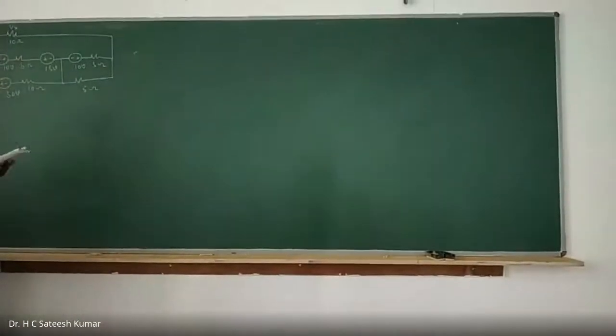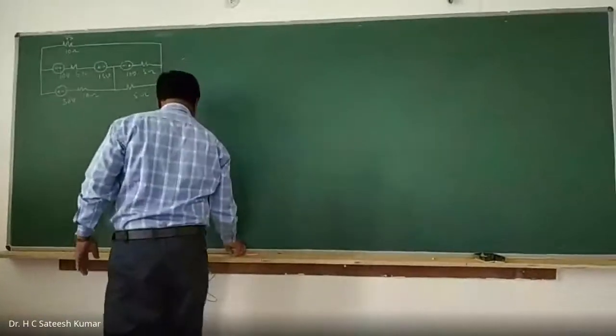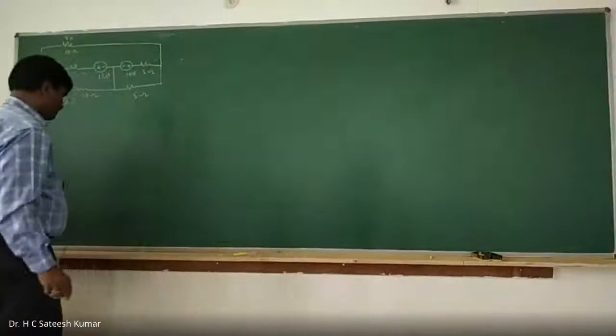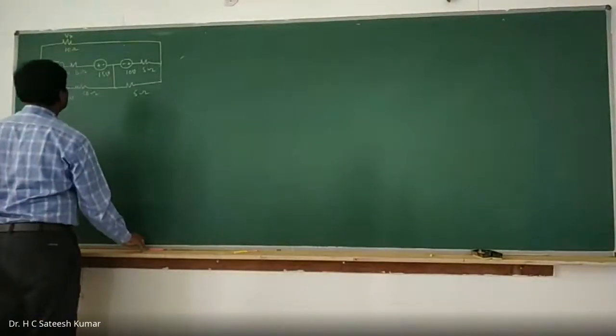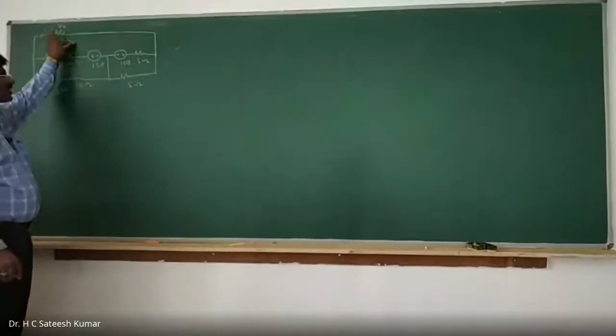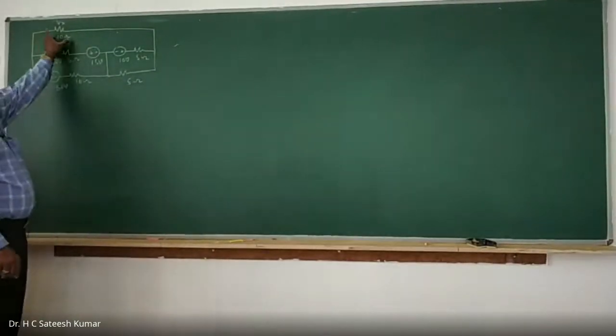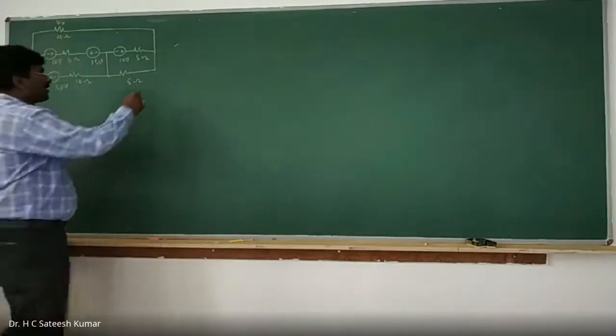So now what he is asking is, find the voltage Vx by source transformation. That means the basic thing we should do here is, we should not disturb this one. Simplify the rest of the circuit, so that later on we can find the voltage across this one easily.